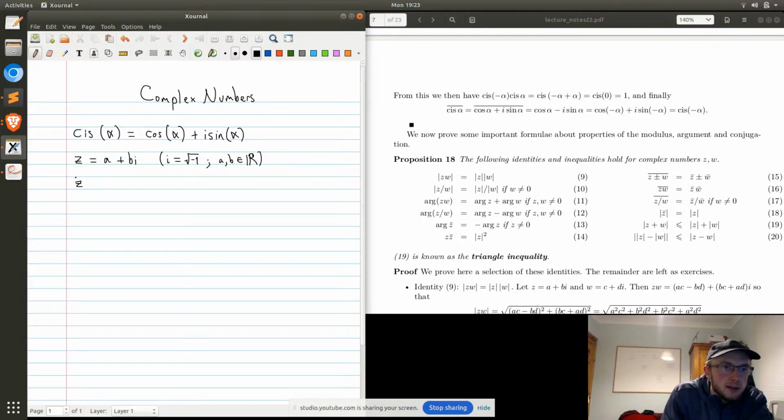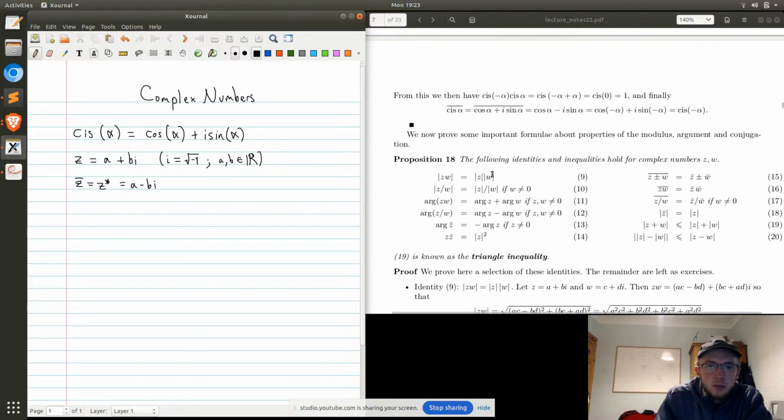And we also learned that z bar or z star is the conjugate of the complex number z, and that would be a minus bi. We learned how to do addition, subtraction, multiplication, and division of complex numbers.